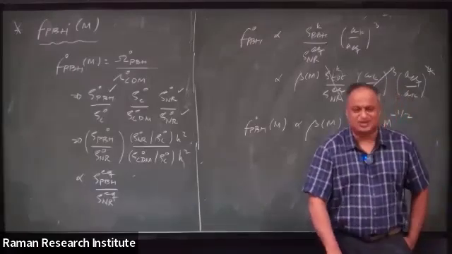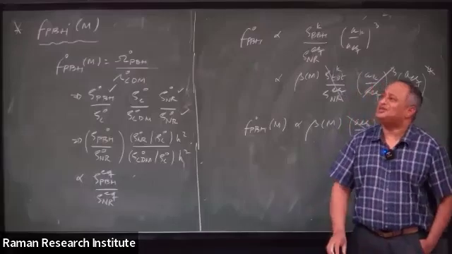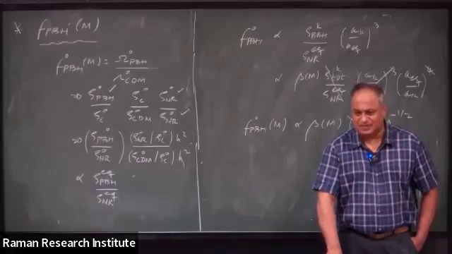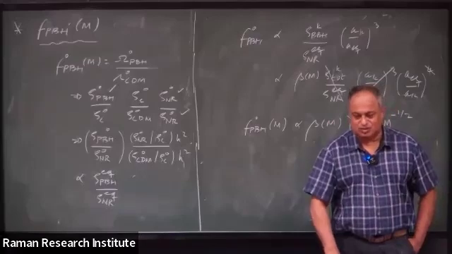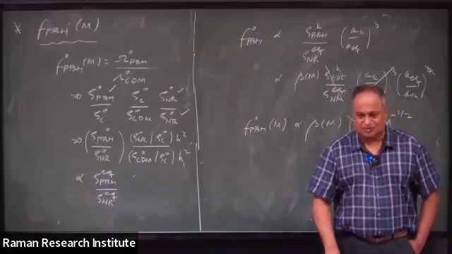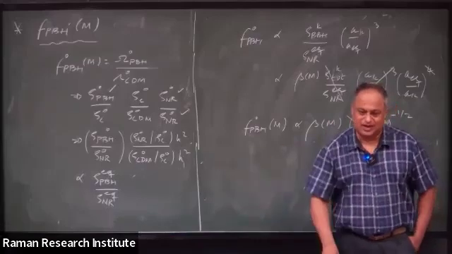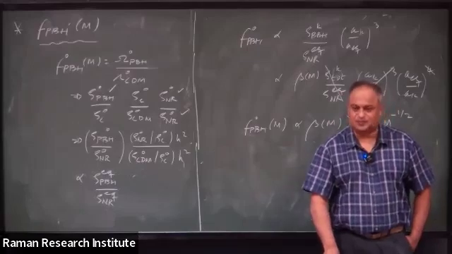We know that power is not significant on those scales. Whether they will collapse to form black holes, they will collapse to form structures. You need very large, enhanced power to collapse to form black holes, and the power on those scales is well constrained by the CMB data.